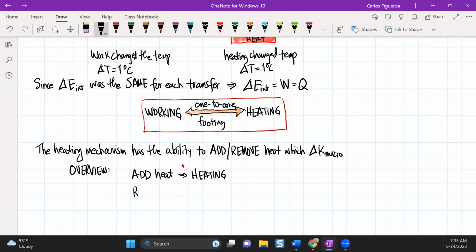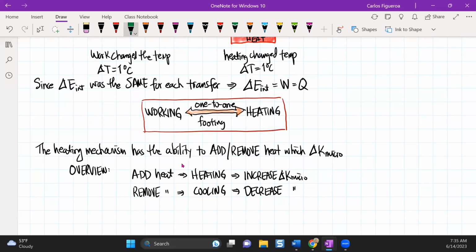If you remove heat, I'm going to say that you're cooling. And again, that language can get really slippery. And if I'm heating, I'm going to increase K micro. On the other hand, cooling is going to decrease K micro.